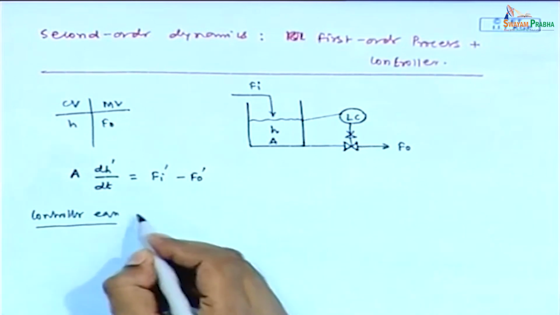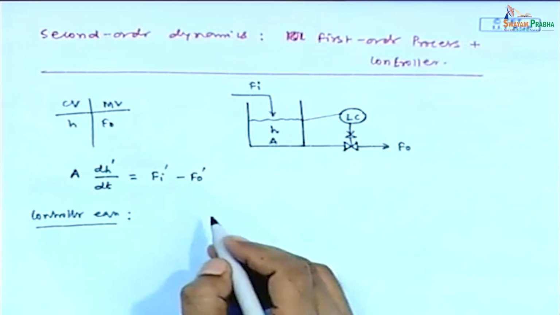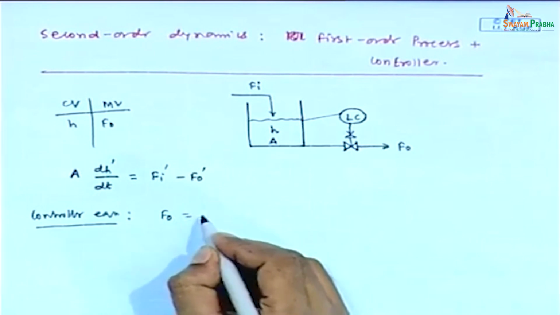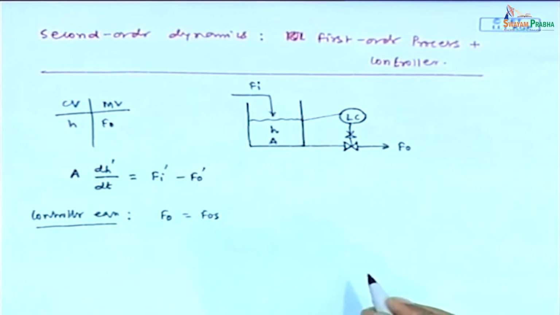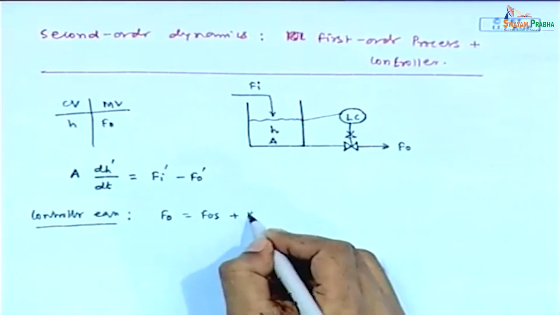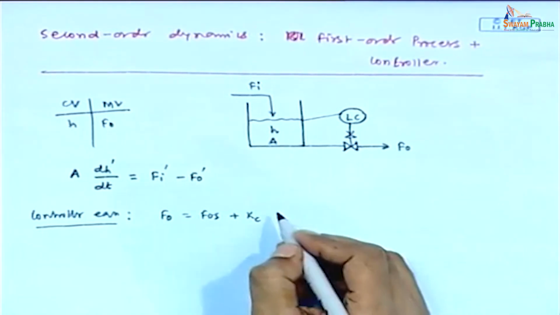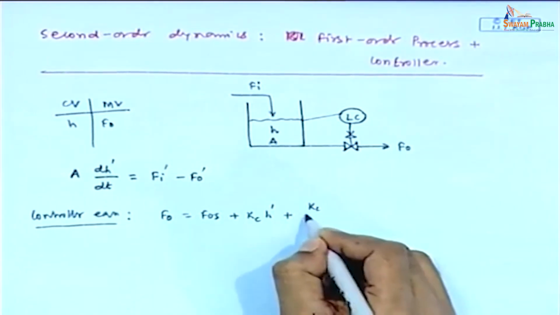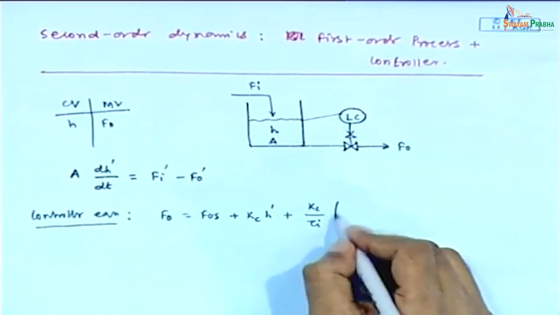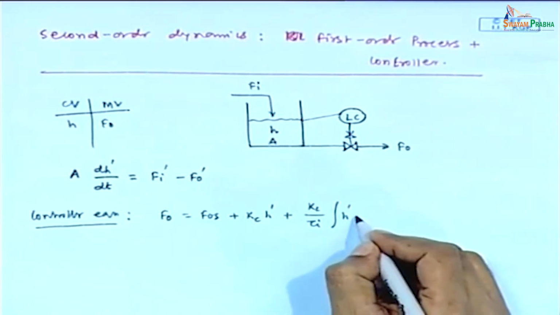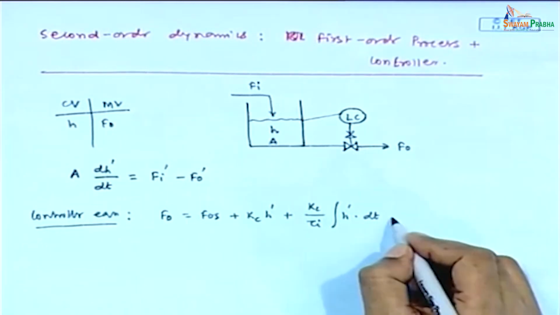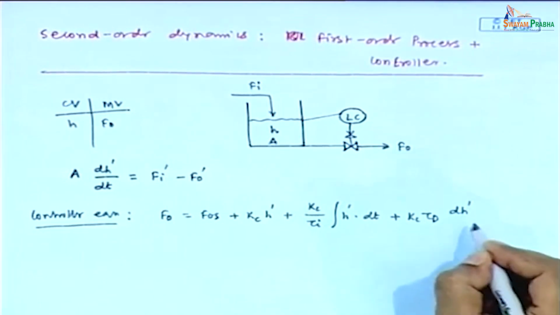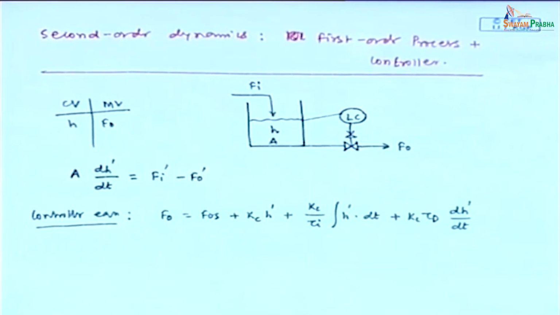Suppose the controller equation is given as F naught equals F naught S plus Kc H prime plus Kc divided by tau I integration of H prime dt plus Kc tau d dH prime dt.